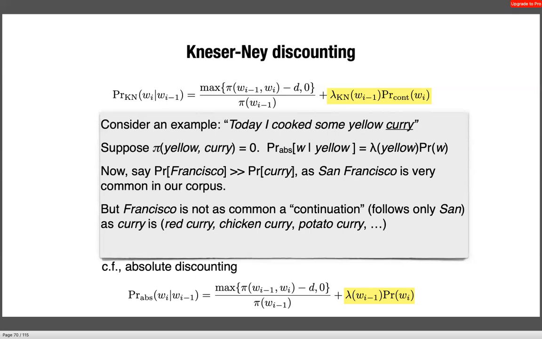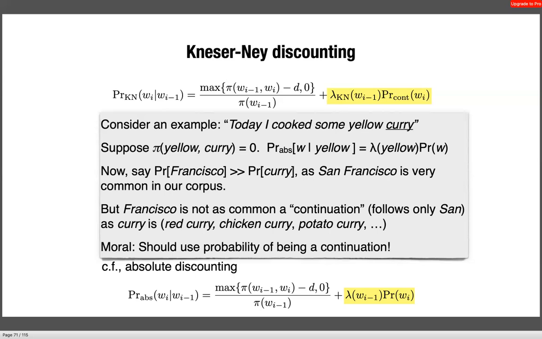Curry is a word which accompanies many other words. Curry can come with red curry, potato curry, chicken curry, whatever. But Francisco by itself is not as common as a continuation because it mainly only succeeds the word San. So instead of just considering the unigram probability of the word, I should use the probability of the word being a continuation.